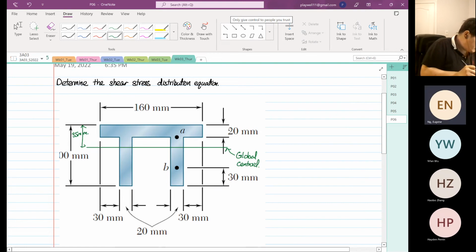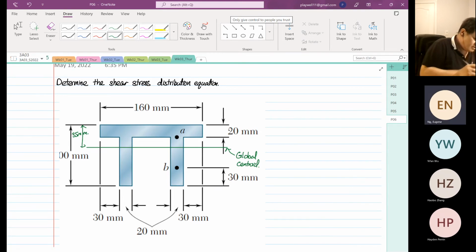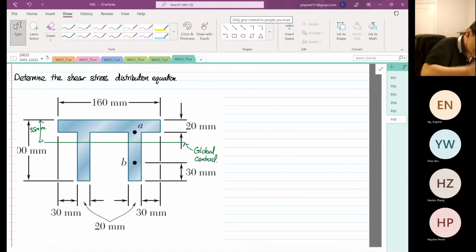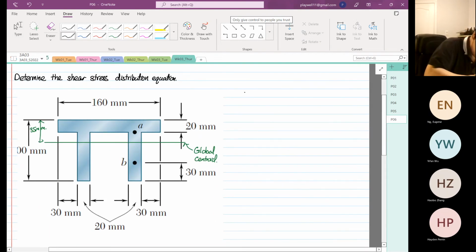So we are going to determine the shear stress distribution of the flange.